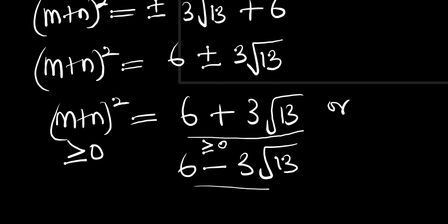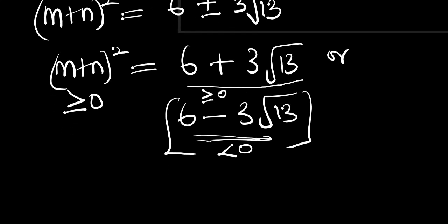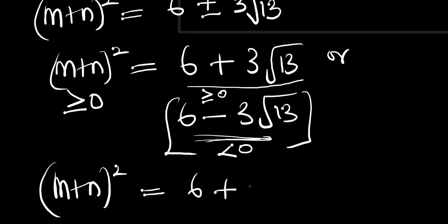But 6 minus 3 root 13 will give a value less than 0, a negative number. So we are not going to consider 6 minus 3 root 13. The only one we consider in this solution is (m plus n) all power 2 equals 6 plus 3 root 13.